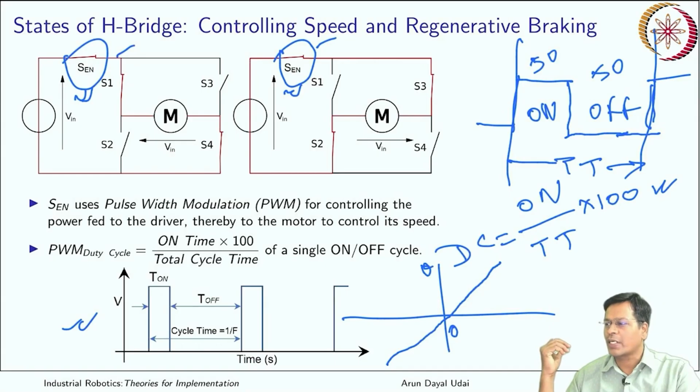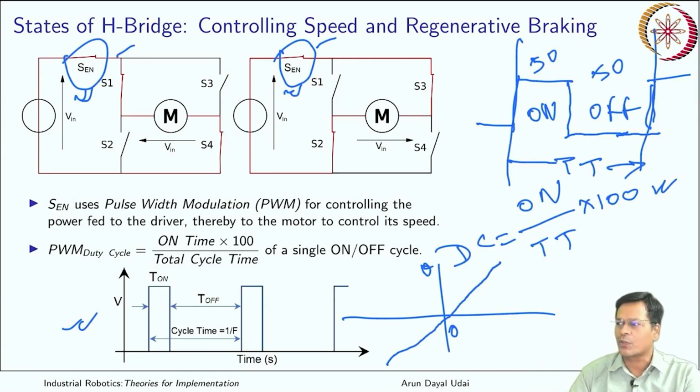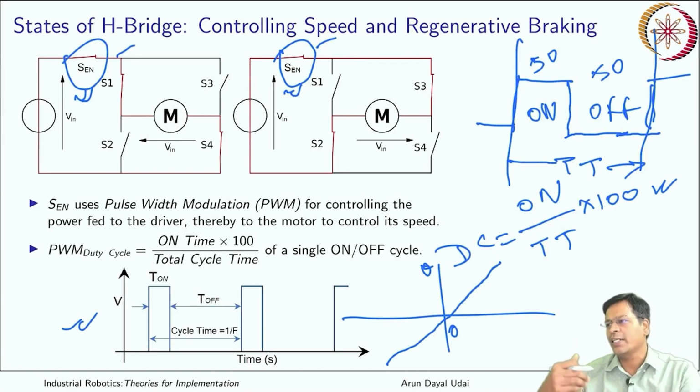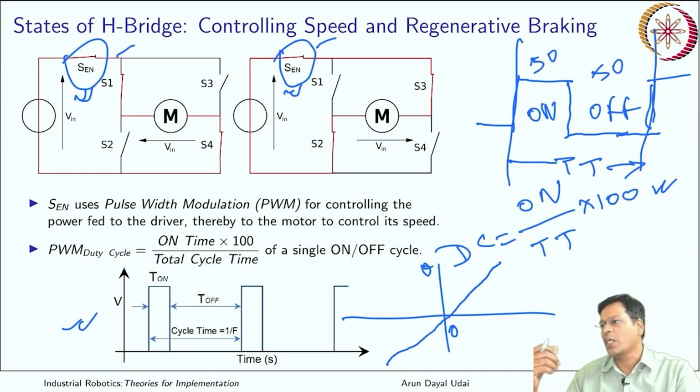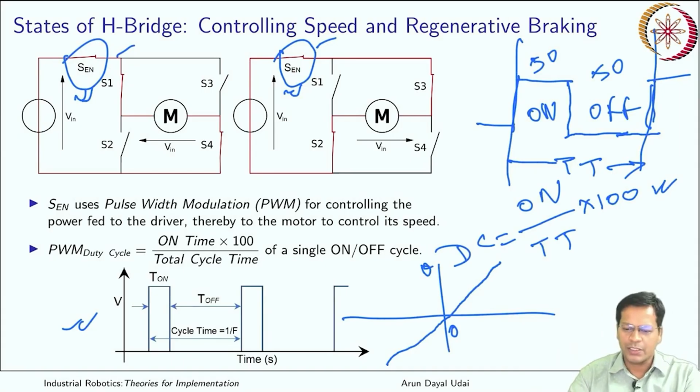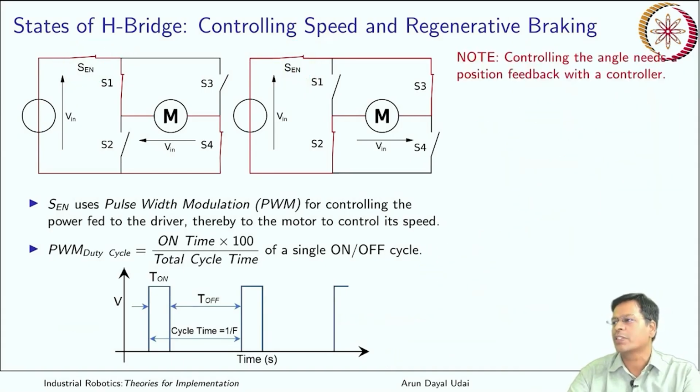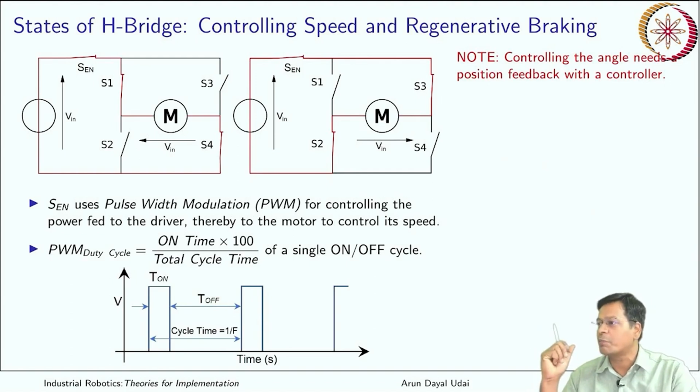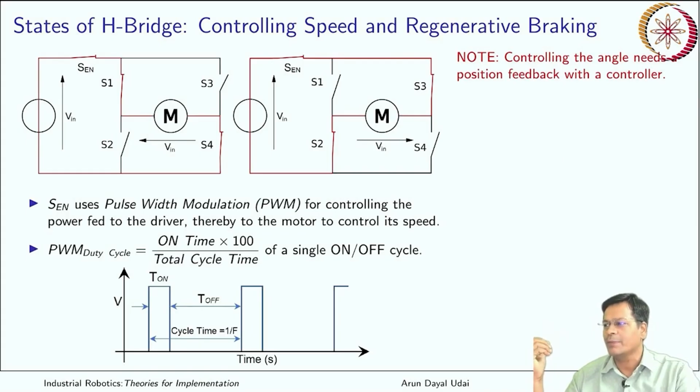To control the current, maybe you can have a DC chopper drive, which can control the current flowing through the armature coil, and finally the torque can be controlled. That is altogether a different story. Controlling the angle needs a position feedback with a controller. So you need to have a servo mechanism over here.